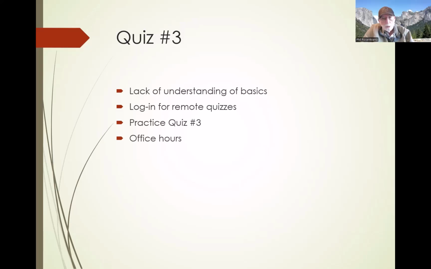And what bothers me is that if there's a problem on quiz number 3 and you get 4 tries and you're just guessing for the first couple of tries, you don't know how to do it, feel free to send me an email, ask for maybe even a Zoom meeting, or something, so that you don't run out of all of your attempts.